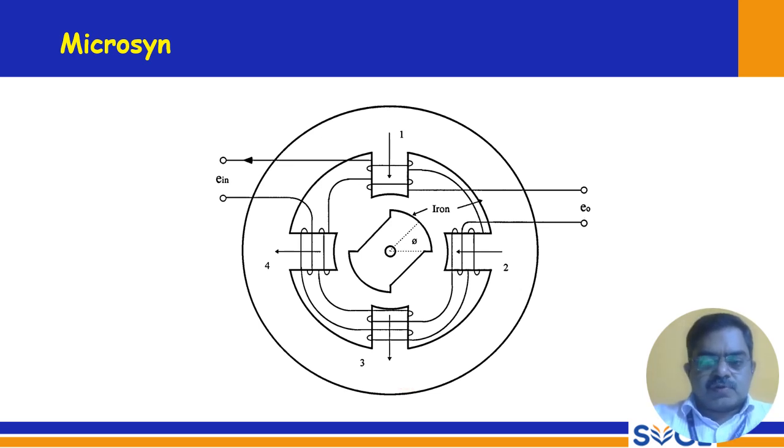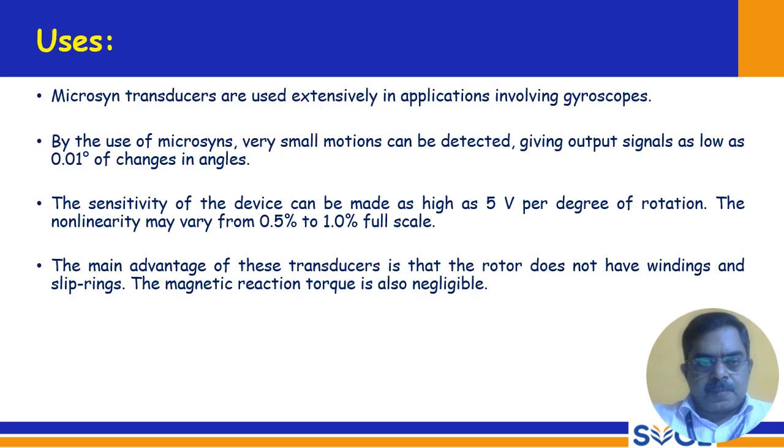Microsyn transducers are used extensively in applications involving gyroscopes. By the use of microsyns, very small motions can be detected, giving output signals for changes in angle as small as 0.01 degree.